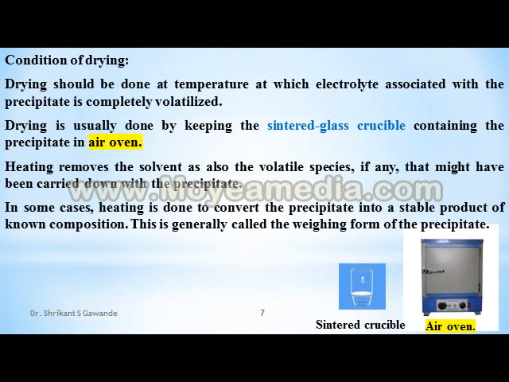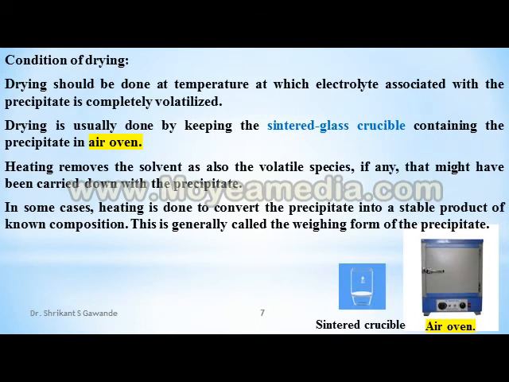Now we take a look at the conditions of drying. Drying should be done at a temperature at which the electrolyte associated with the precipitate is completely volatilized.